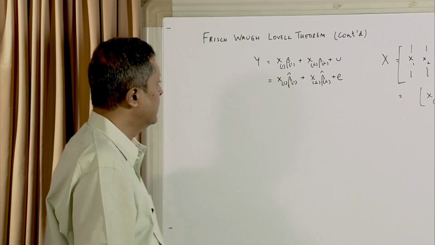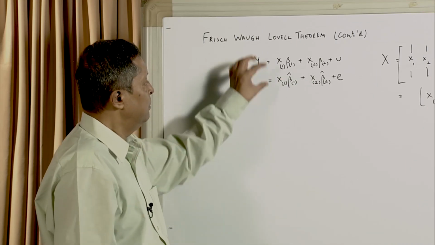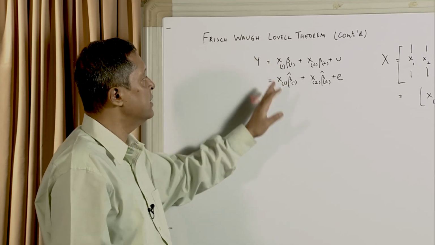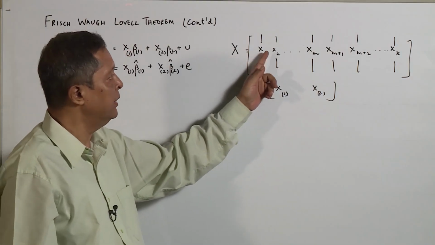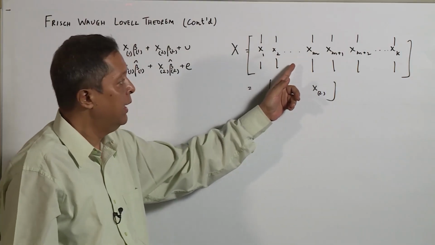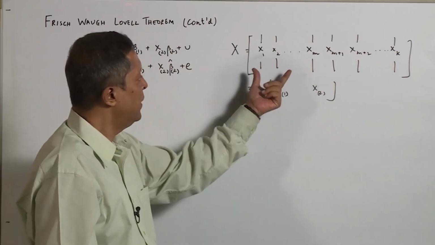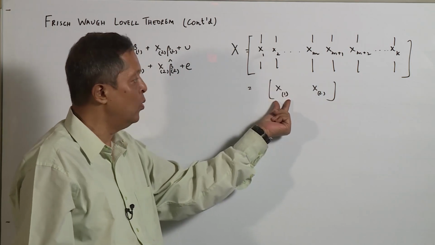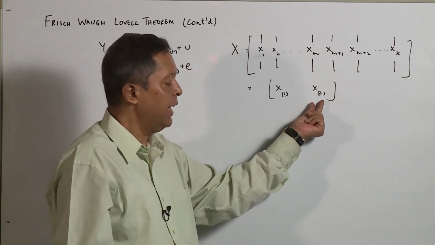So, viewers, we now write down the multiple regression model by splitting the X variables and the corresponding betas into two components. So, the X matrix is X1, X2, up to Xm, and then m plus 1, m plus 2 up to k. So, the first set of m variables we denote as X1 with a bracket, and the remainder we denote as X2.